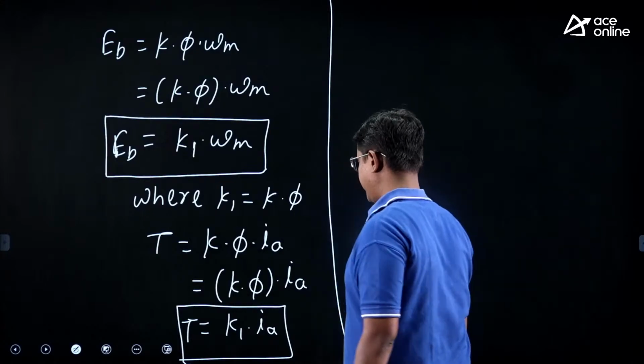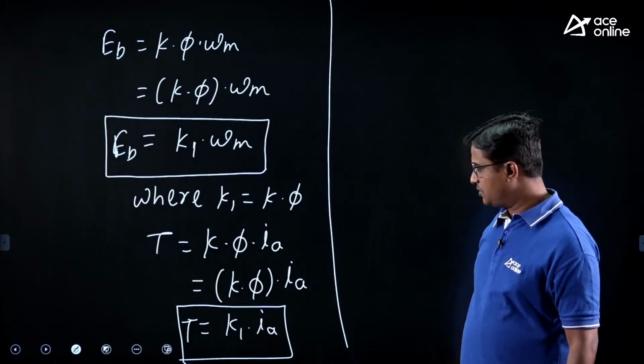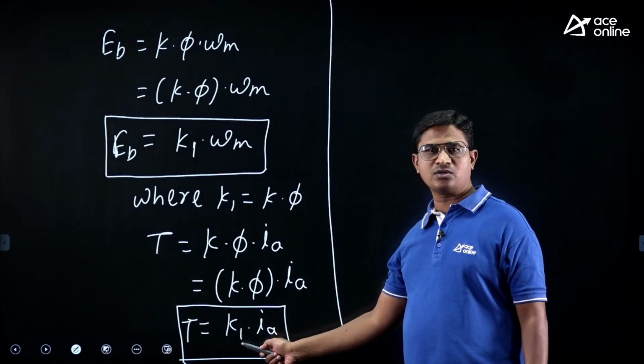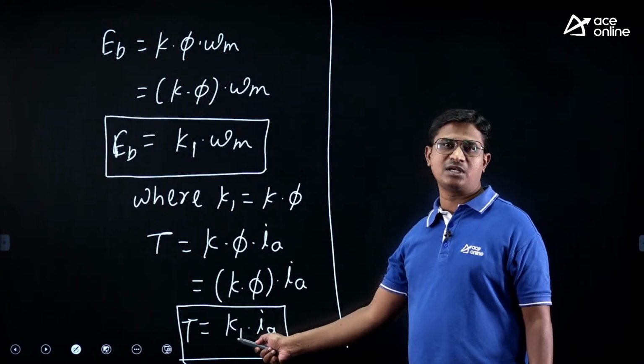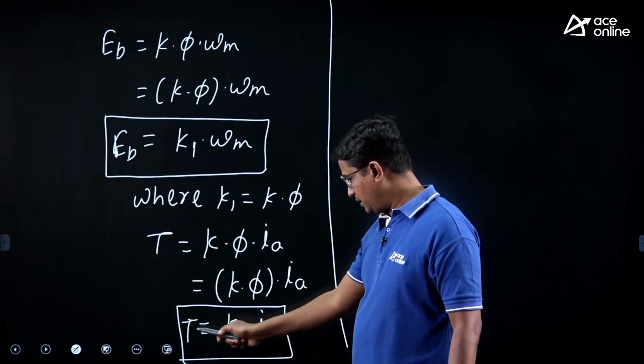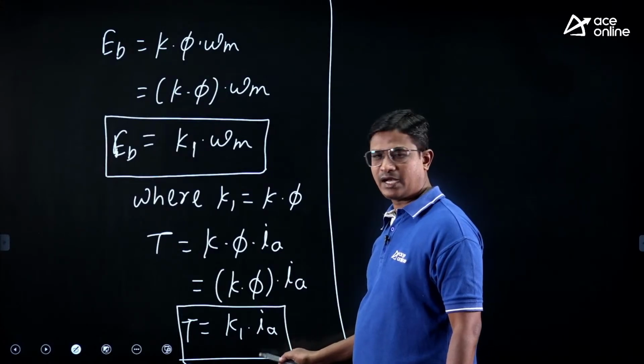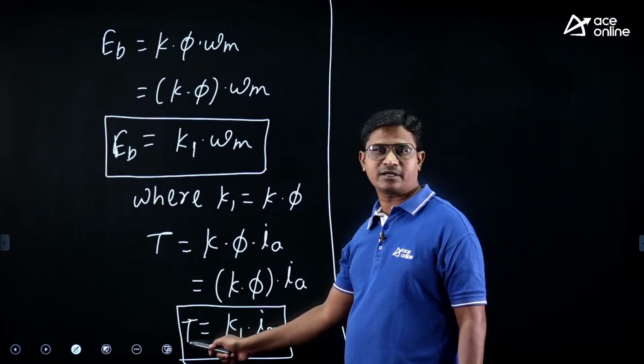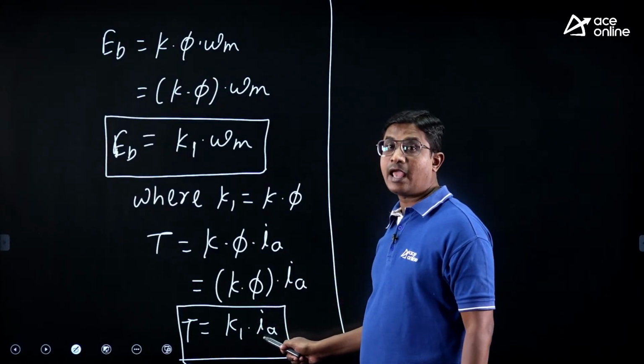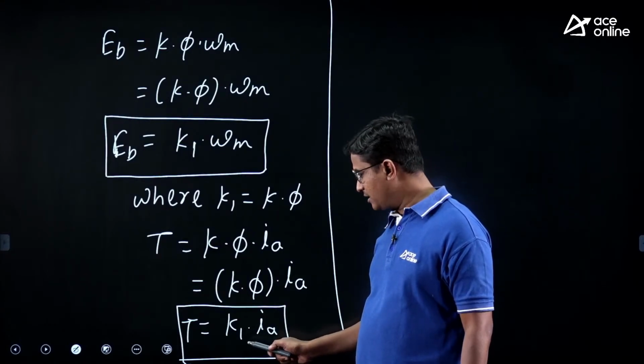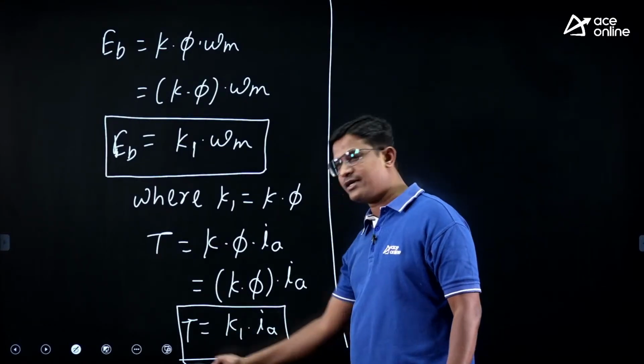So from this, can we say that K1 is a motor constant, and what is the unit of the motor constant? Check here, T equal to K1 into Ia. The unit of torque is Newton meter. The unit of Ia is ampere. So from this can I write K1 equal to T by Ia?